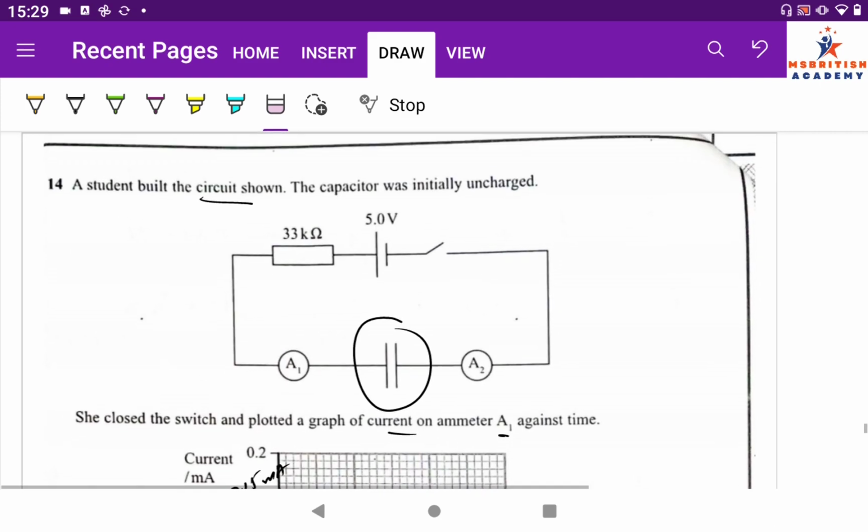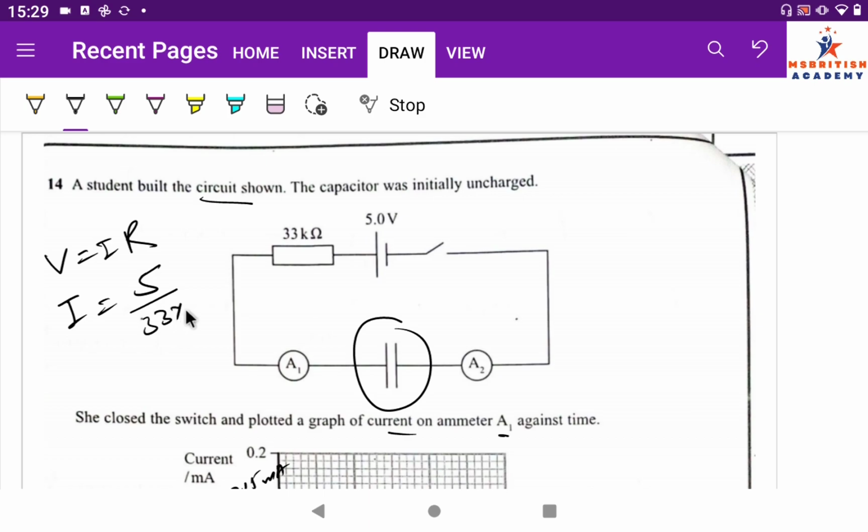So we will use Ohm's law. Ohm's law says V is equal to IR. Voltage is given and resistance is also given, so current will be 5 divided by 33 into 10 raised to 3, and after calculation it will be 0.15 milliampere.